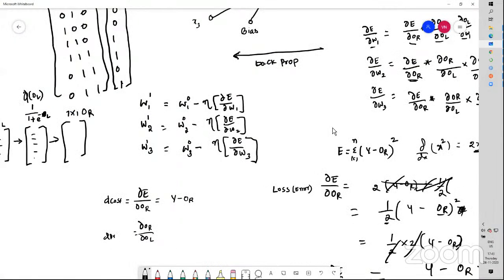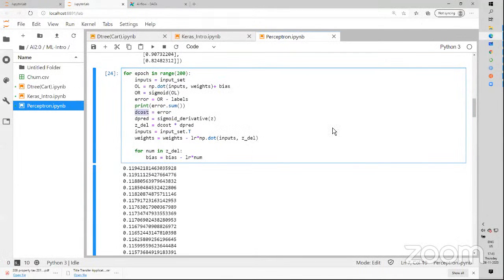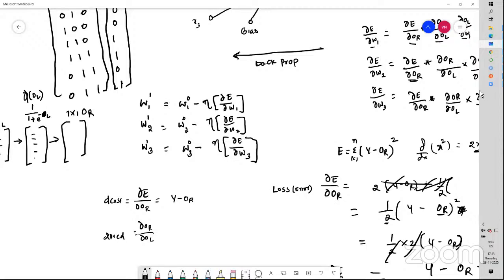So what is this dpred? Dpred is equal to the sigmoid derivative. So the second one is the sigmoid derivative. What is the sigmoid derivative? OR into 1 minus OR. So that is the sigmoid derivative.